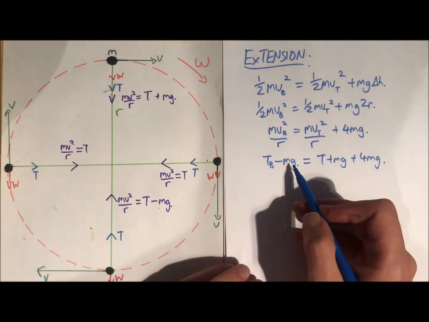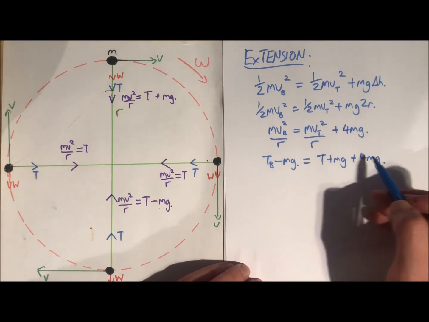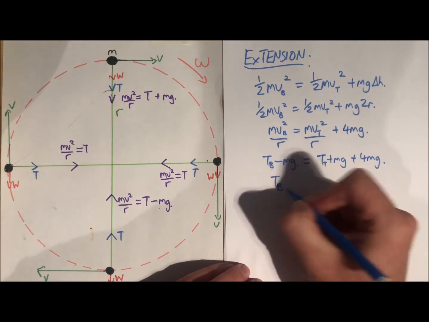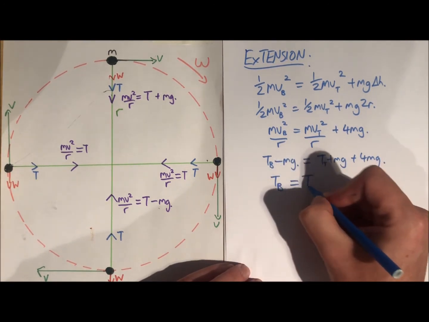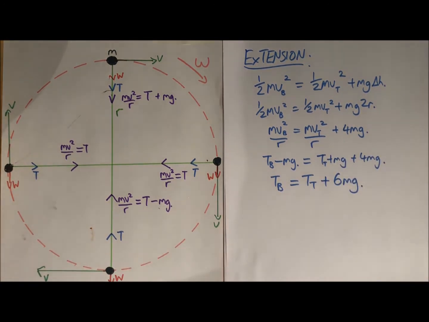And all I'm going to do is add that mg to both sides. So I've got that mg added to that, so that's 2mg, add another 4, and I'm left with, sorry I missed the T off there for the top, that the tension at the bottom is the tension at the top plus 6mg. And that is true in all these scenarios for a mass on a string sort of case.